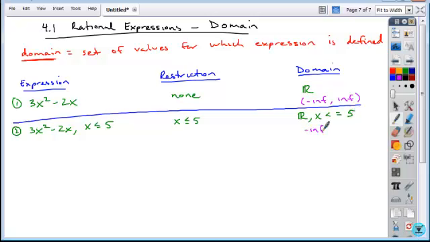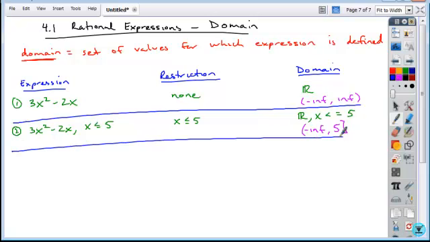So we extend from negative infinity all the way to 5. You never include an infinity in the interval notation, so a parentheses at negative infinity. Is 5 being included or excluded in this set? It specifically tells us that x can equal 5, so it is included, and that would be your interval notation.